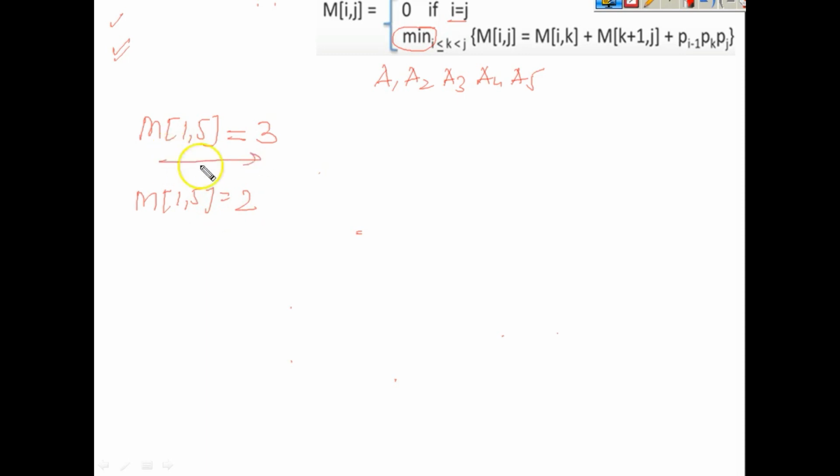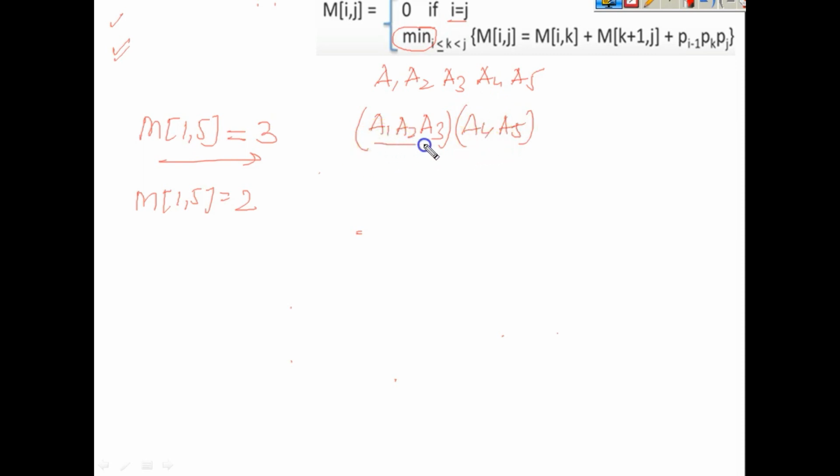Now if M15 equals 3, that means our multiplication will be done this way. We will be doing A1, A2, A3, and then A4, A5, and definitely, because this is already the shortest combination, we cannot split it further.